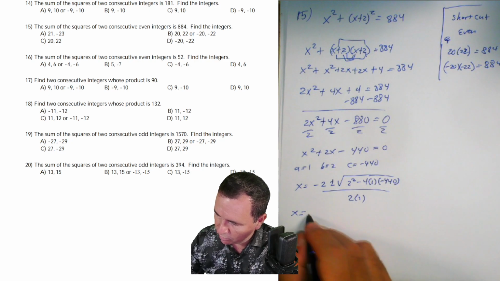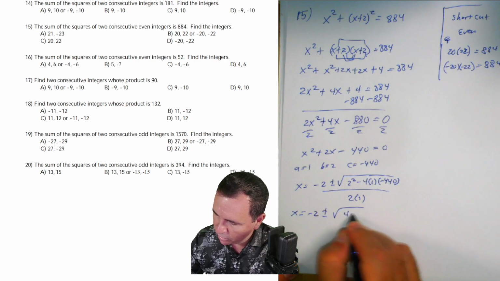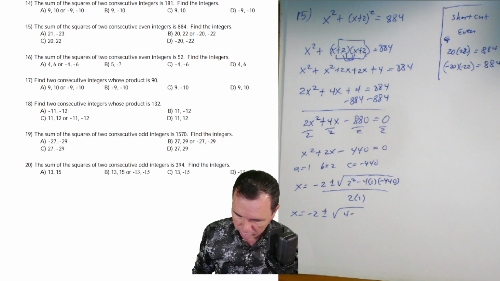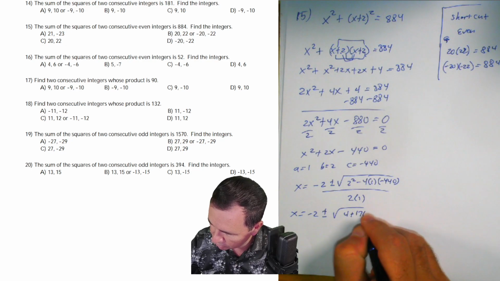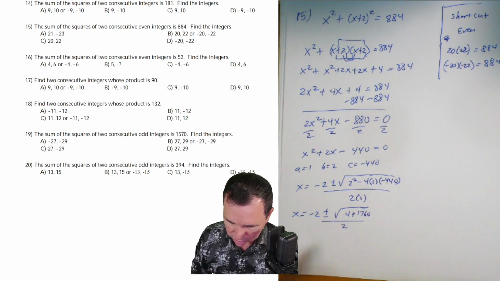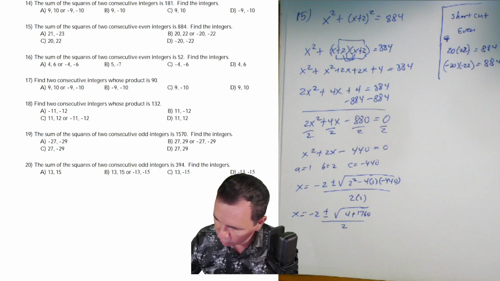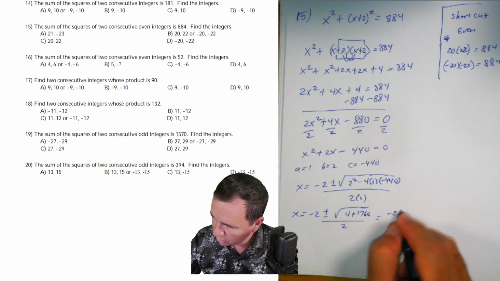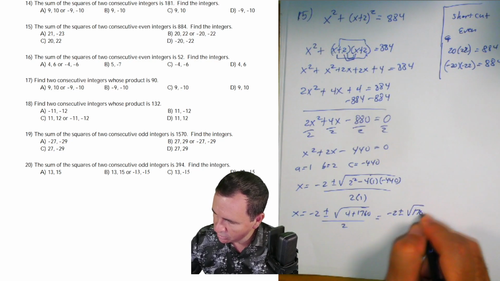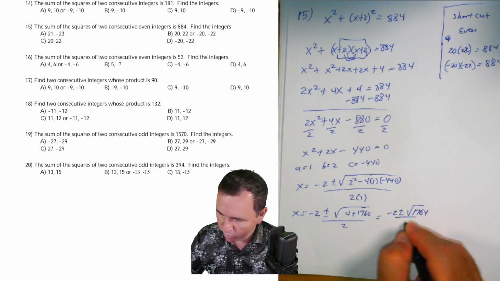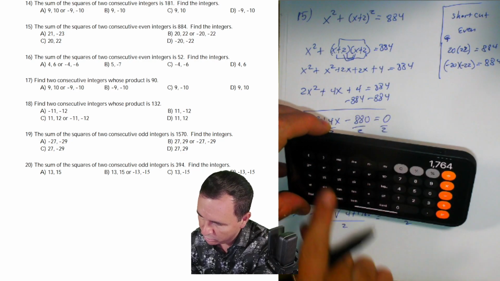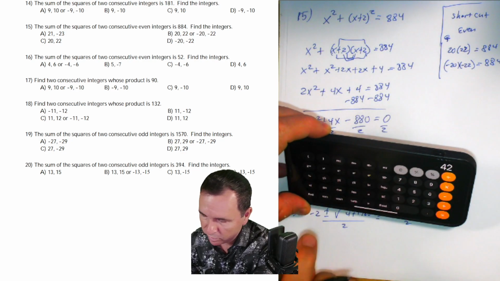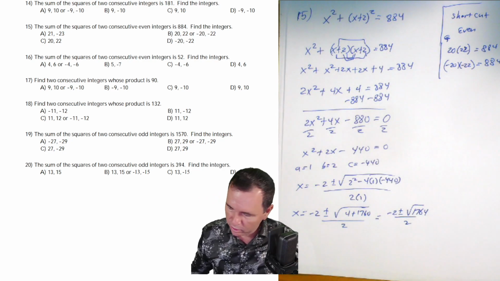X is equal to negative 2 plus or minus the square root of 4 minus 440 times 4. 440 times 4 is going to be positive 1760, all over 2. And 1760 plus 4 is 1764. And guess what, guys? 1764 is a perfect square. Let me demonstrate. If I just press the square root button, look what happens. Boom, it's perfect. 42. 42 times 42 is 1764.